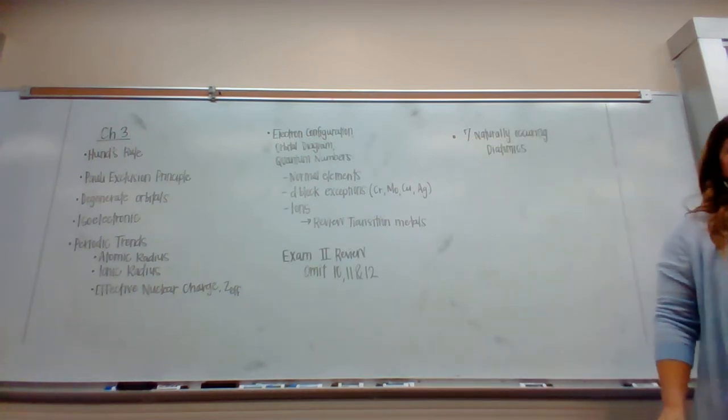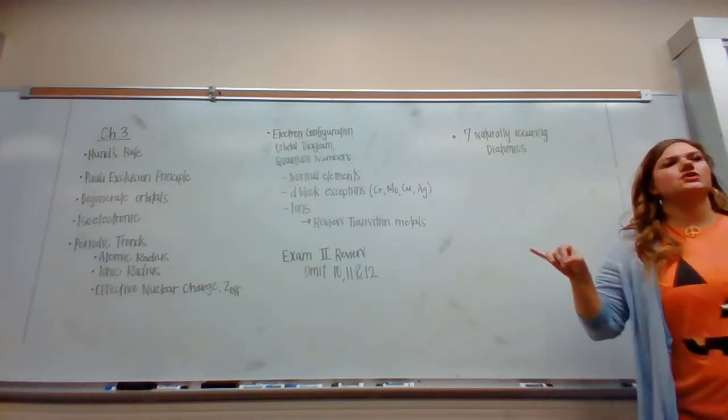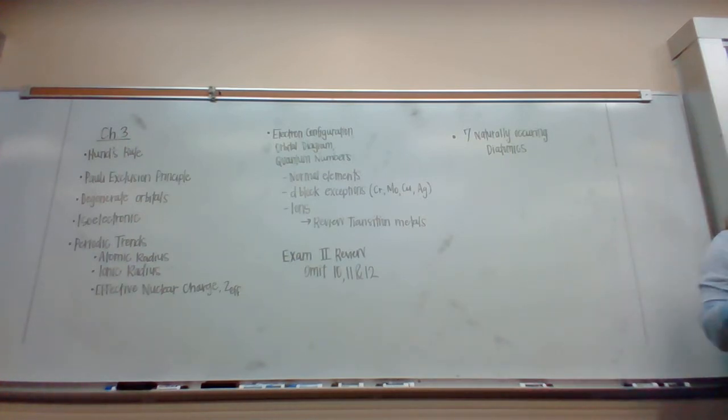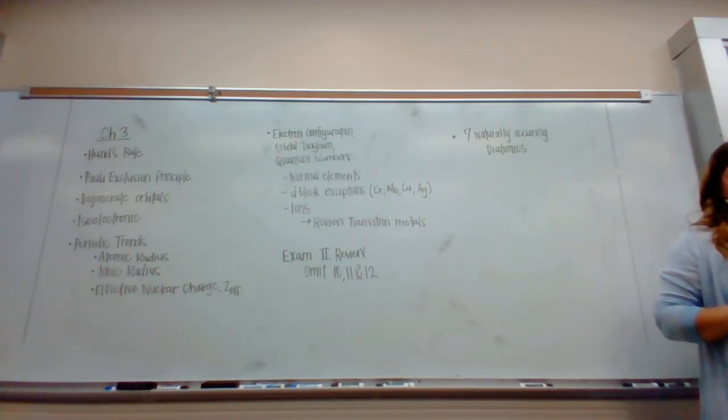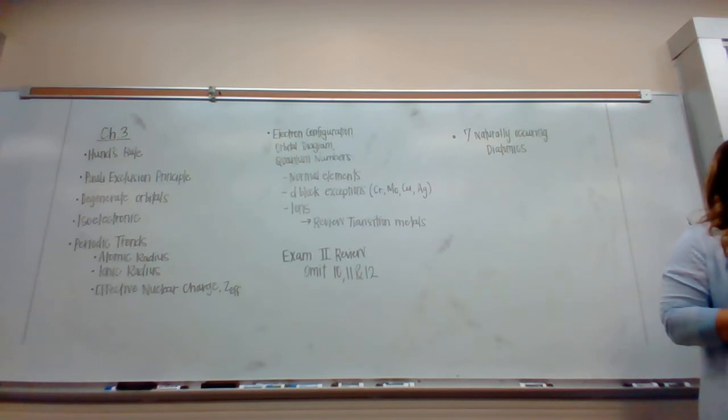Other thing you might have seen on the exam 2 review is the very first question says something about list the 7 elements that exist in nature as diatomic molecules. I forgot to mention that, so I'm about to mention it. You already know one.